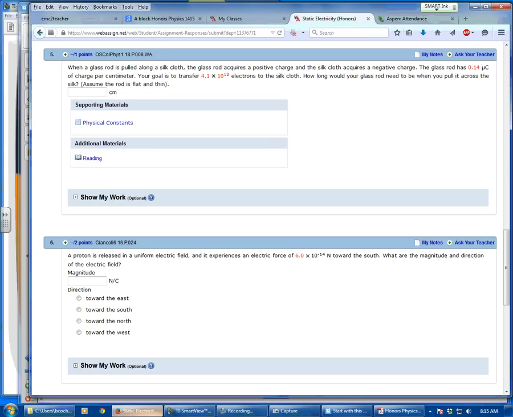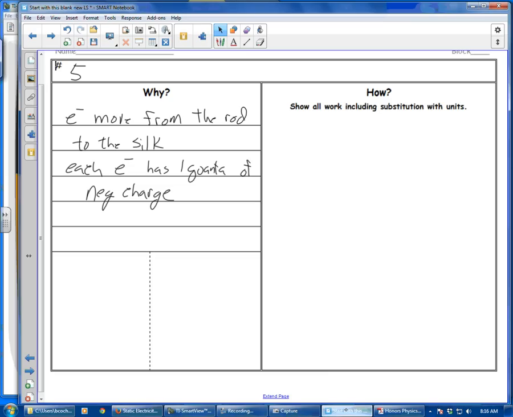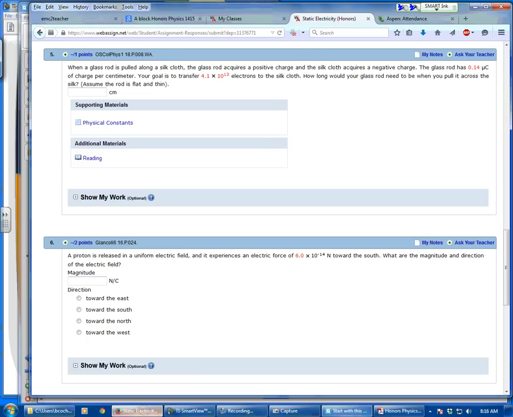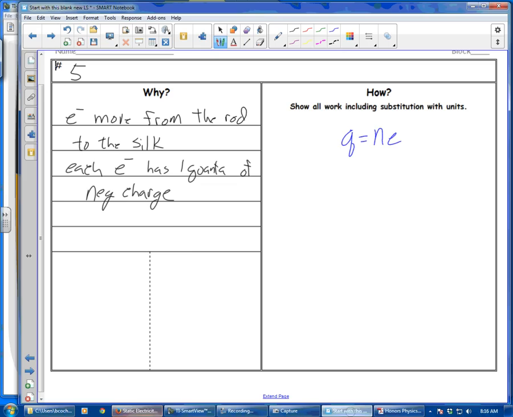All right, so it comes back to our net charge equation, which is that Q equals NE. Our Q, we need to figure out how many electrons we need. My Q I'm trying to get is 0.14 microcoulombs.